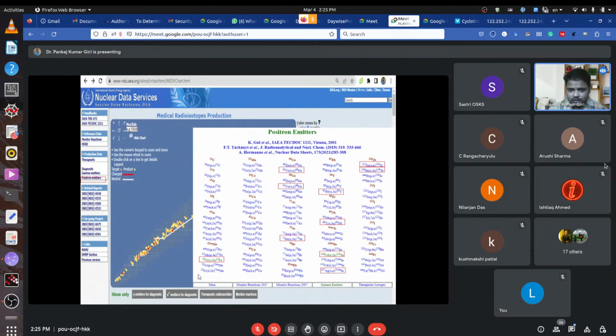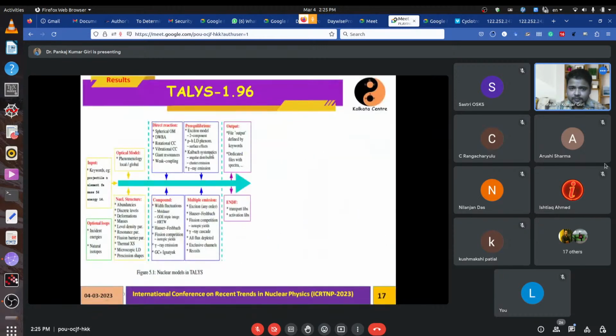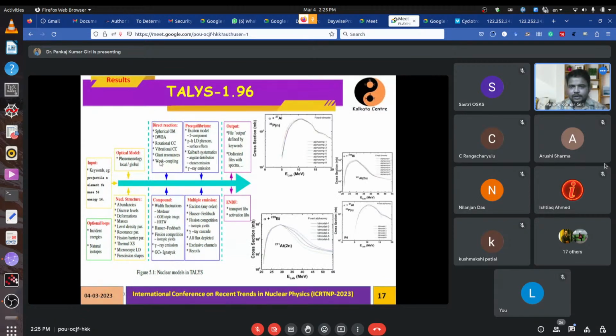So I just collected the information about the alpha induced nuclear reactions for the present study, and we did the modeling. So this is the structure we first applied in our primary model of radioisotope production.